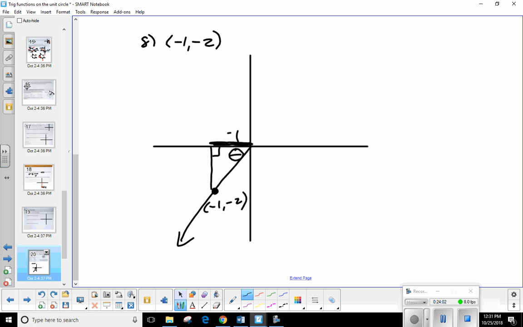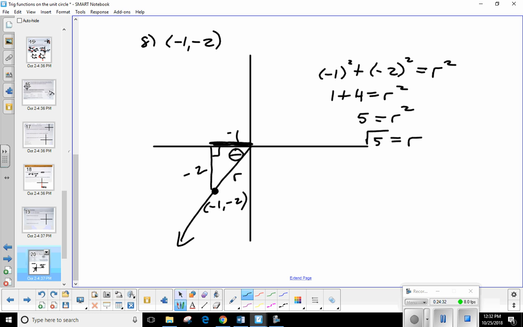What would the height of the triangle be? -2. So how would I find that radius? Yeah, Pythagorean theorem. Let's say the radius r. So -1 squared plus -2 squared is equal to r squared. So 1 plus 4 is equal to r squared. What's the radius? The square root of 5 is equal to the radius.